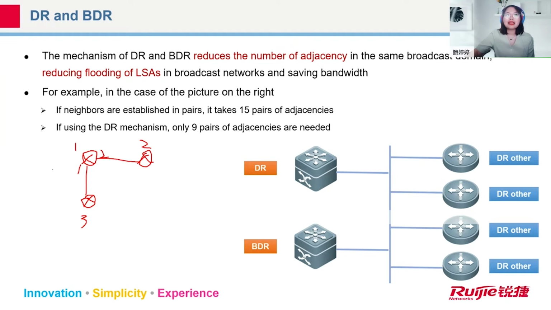So it does not mean we select one DR in the area or in the AS. We only select one DR and one BDR for one link, one segment. The other segments we also have to select.